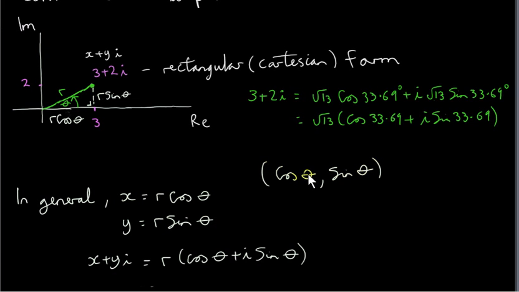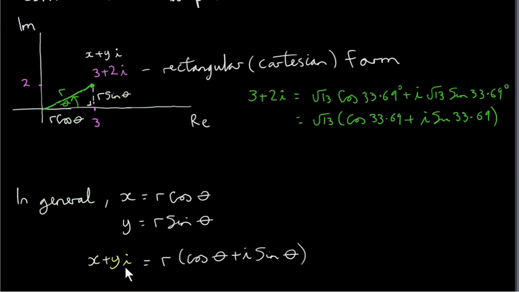So this comes from trigonometry. And there are times when cos theta and sine theta are negative. They're going to be positive in this quadrant, but they will be negative in other quadrants.